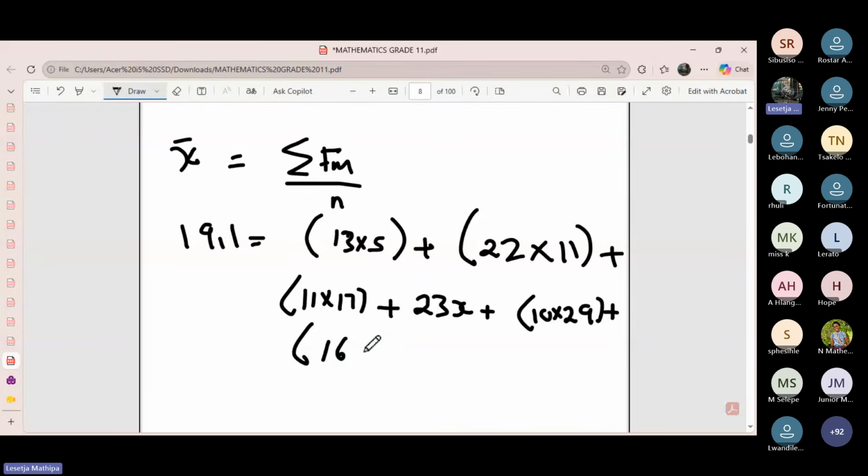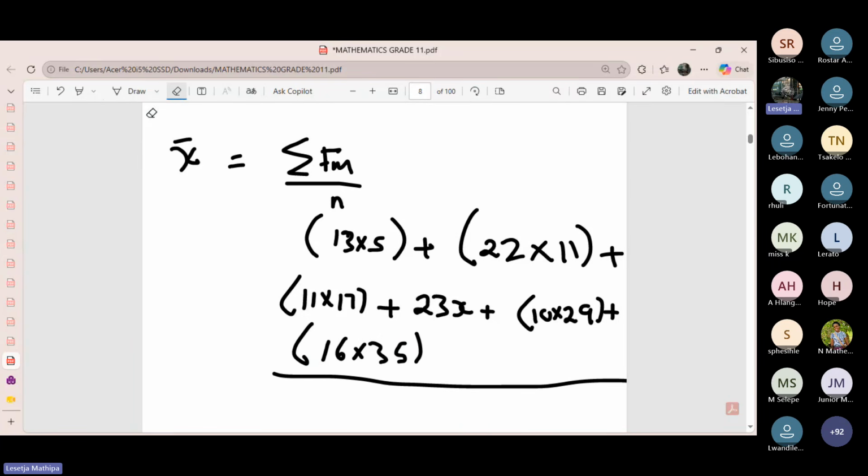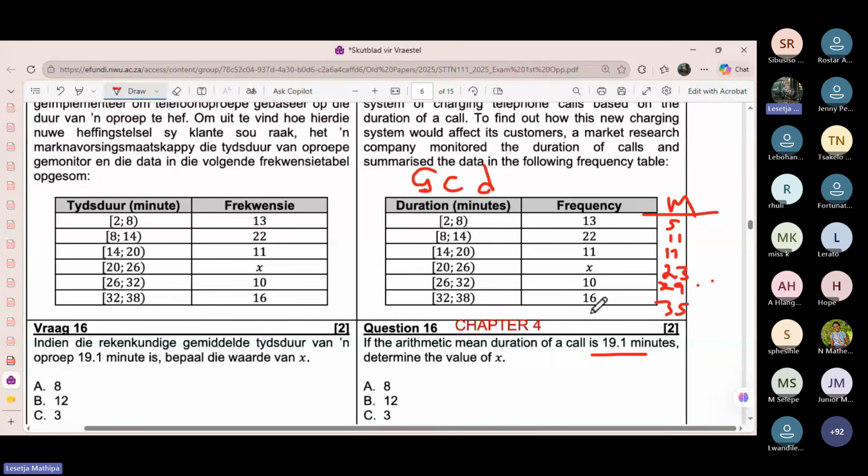Then you divide this whole thing by n, and this is equal to 19.1. To get n, add all your frequencies plus x, since x is included: 13 plus 22 plus 11 plus 10 plus 16.